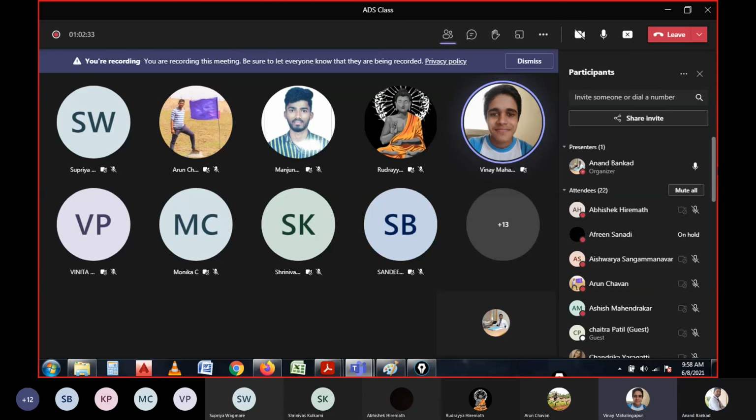Other than that, what are you expecting? Almost 4 questions I have solved, and one question I have given as an assignment on this concept, influence line diagram. Apart from that, what are you expecting?